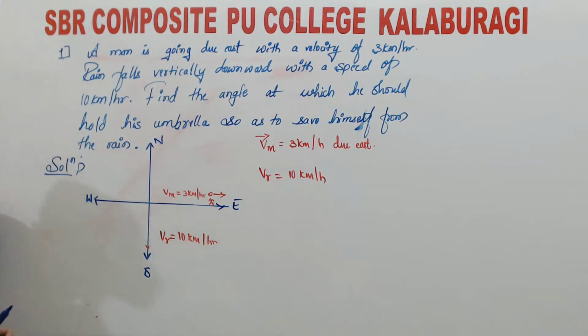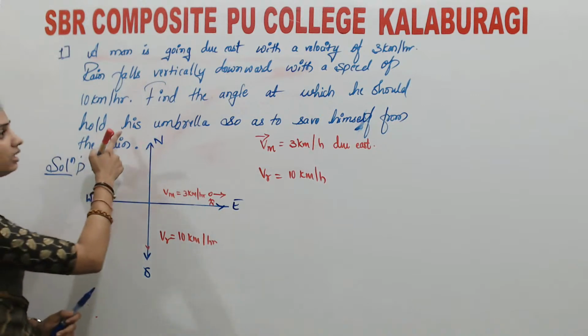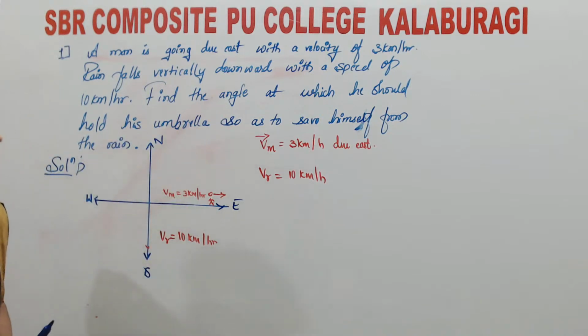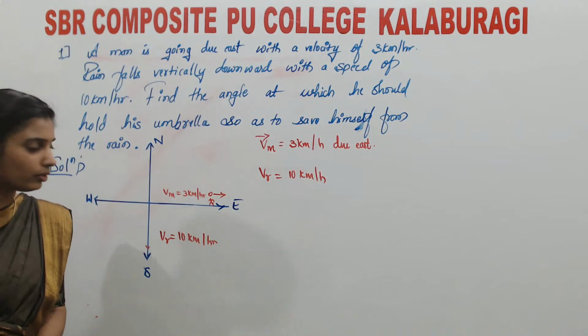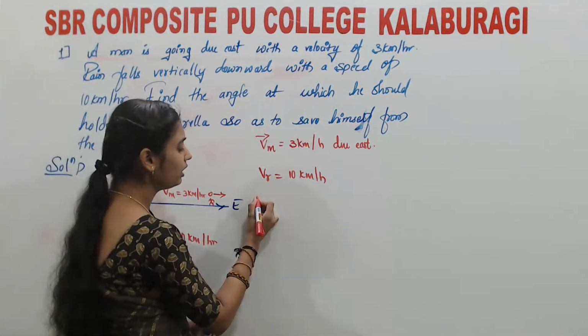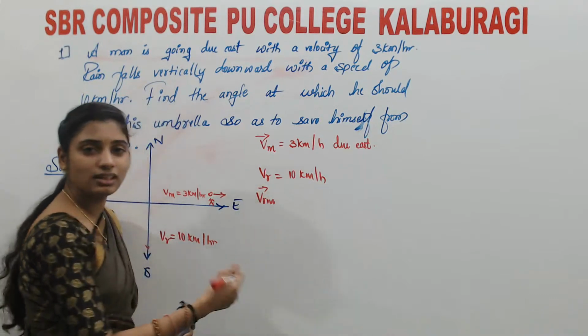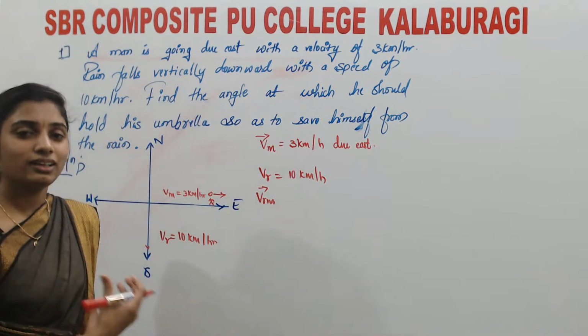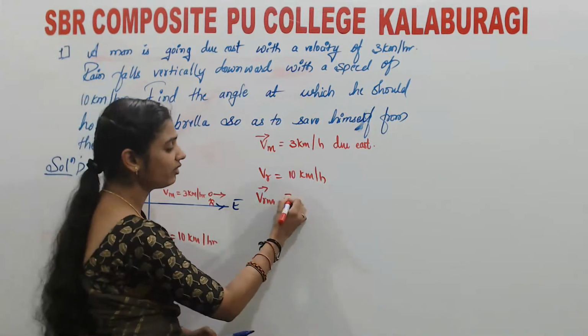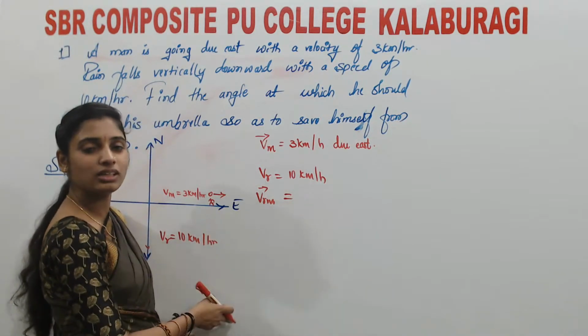This is the given value, and they are asking you to find the angle at which he should hold the umbrella. For that we first need the relative velocity. I am giving you just a hint. They are asking for magnitude here, but they have asked for angle.